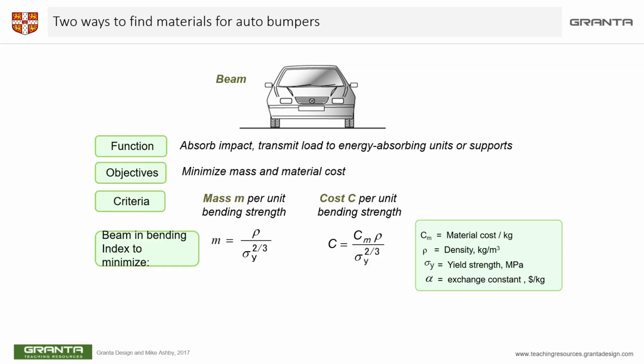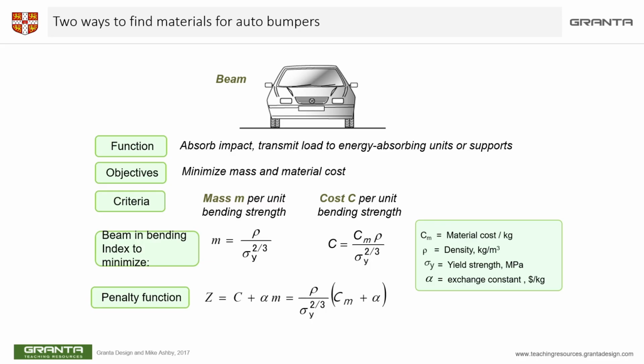Now we define the penalty function between these two objectives, again in the same format as I explained earlier. So Z is equal to C plus alpha M. In this case, when you rewrite the equation for the cost and mass, you can just simply take the material index rho over sigma yield raised to power 2 by 3 common, okay?